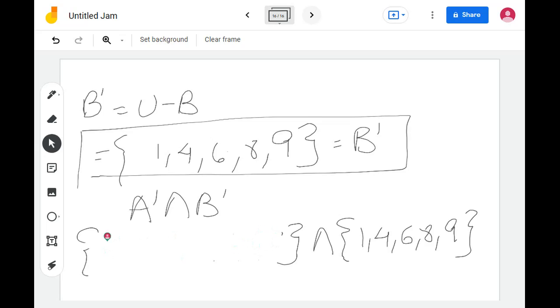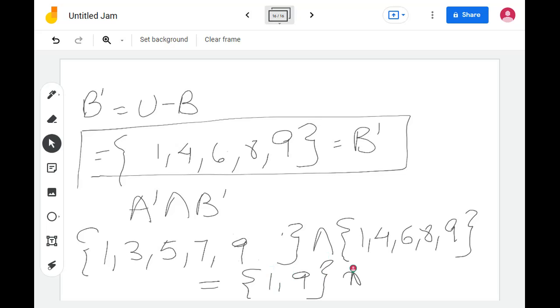So our intersection is 1 and 9. This is our intersection from the RHS.